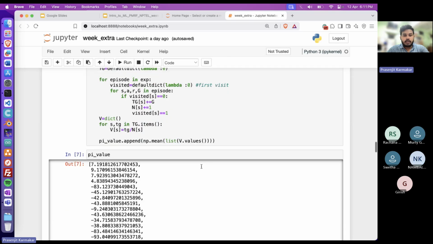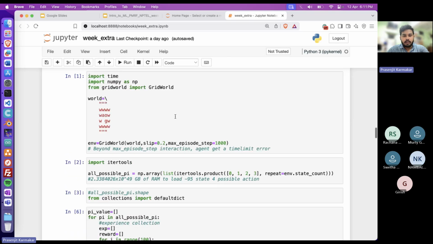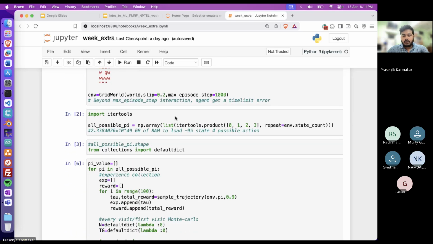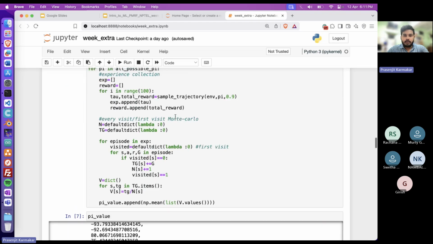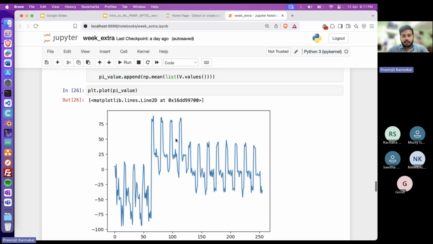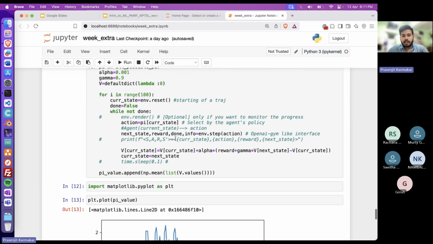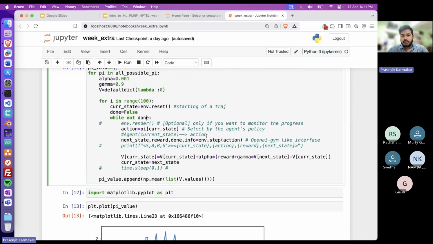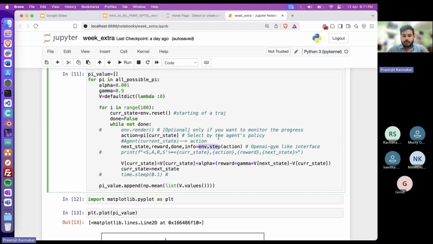So what we did, we can basically take actions in the environment. For example, sample trajectories. We can directly interact with the environment by this environment dot step function, right? And our goal was to evaluate the value function, given that I know all the policies.